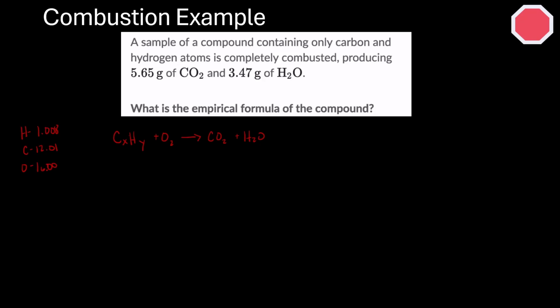And then we are also going to need the molar masses for carbon dioxide and water. So CO2, 1 carbon, 2 oxygens, comes out to 44.01. And H2O comes out to 18.016. If I did round, you could have rounded it to 18.02, which is close enough.